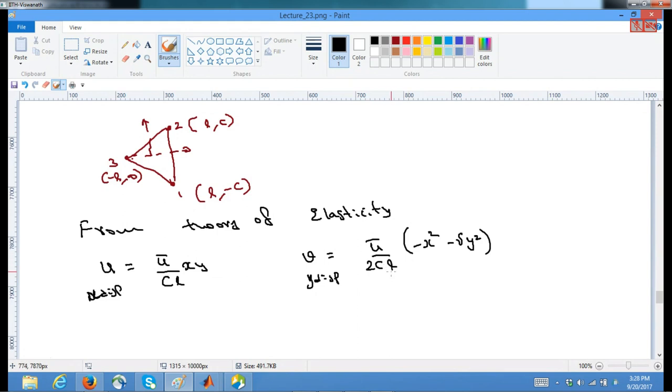Let us use this. Since this is an exact relationship, we can also get our epsilon x, which is equal to dou u by dou x. I will write it as epsilon xx, and epsilon yy is dou v by dou y. If I do that, I'll get it as minus mu u bar by CL.